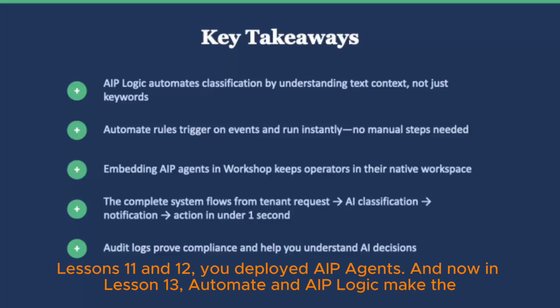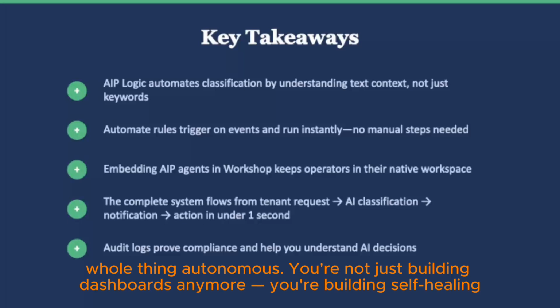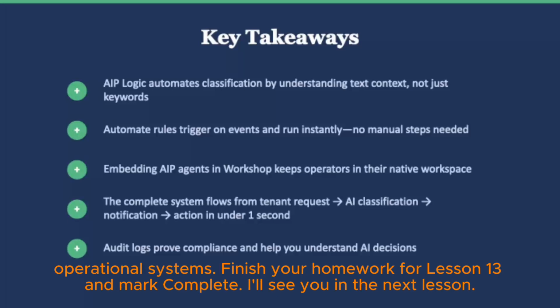Lessons 11 and 12, you deployed AIP agents. And now in lesson 13, automate and AIP logic make the whole thing autonomous. You're not just building dashboards anymore, you're building self-healing operational systems.